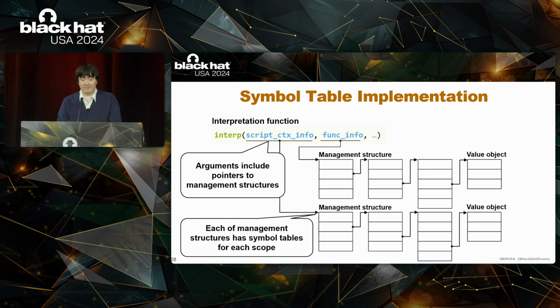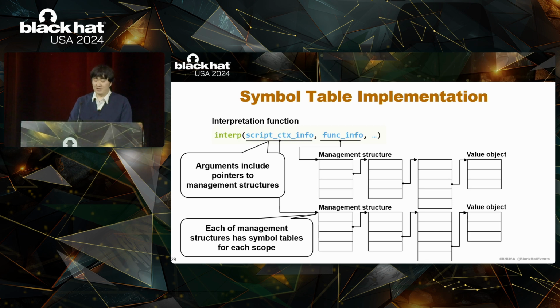Typically, the interpretation function's arguments include multiple pointers to such management structures. Each of the management structures has symbol tables for each scope. In this example, interp is the interpretation function. Script context info represents the global context and includes a symbol table for global variables.